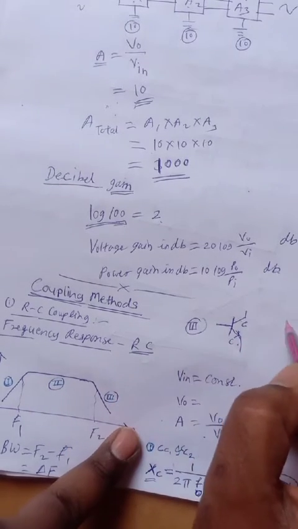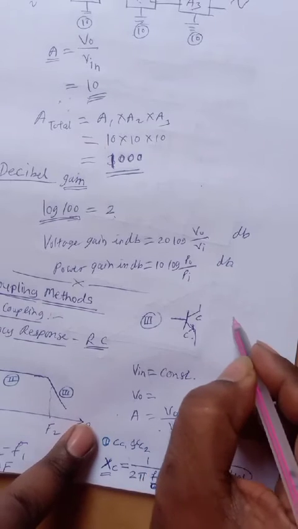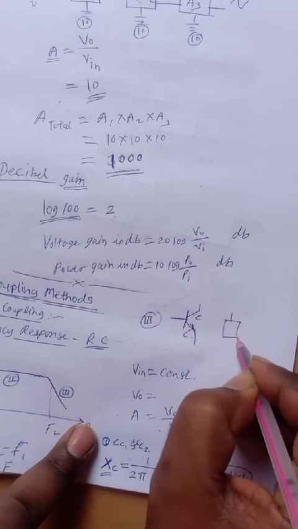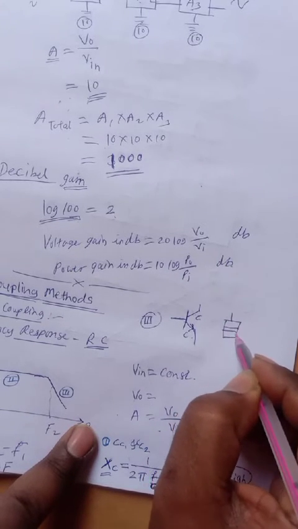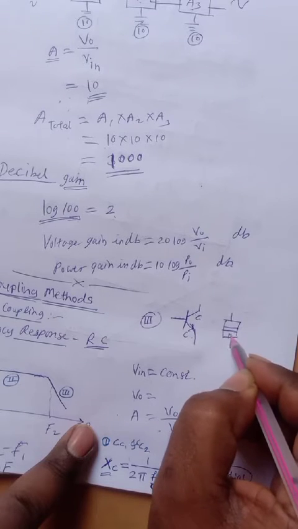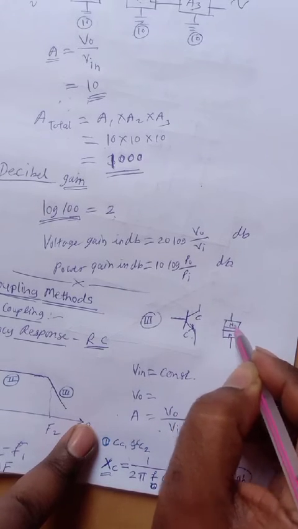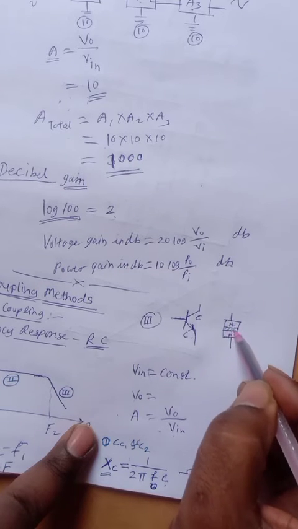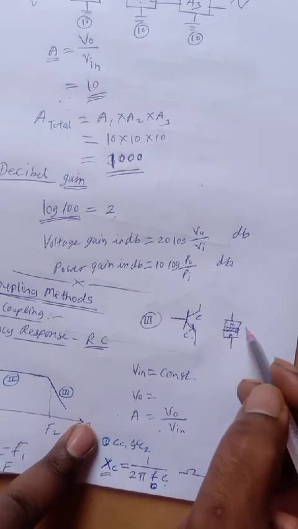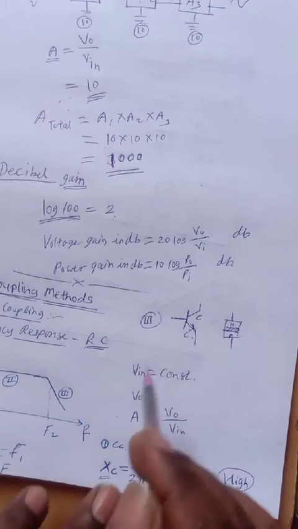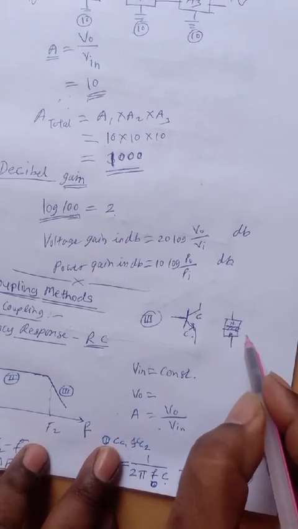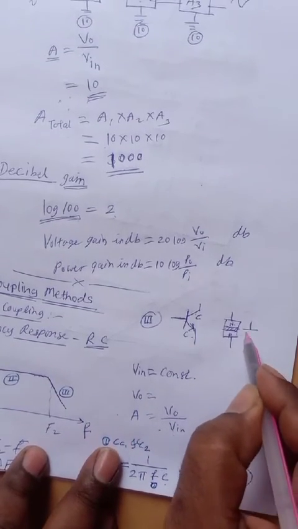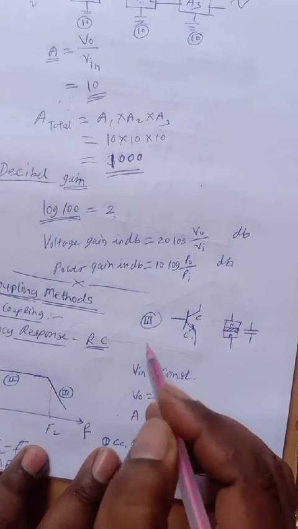We know that in a PN junction there is a depletion layer. This is P and this is N. The N acts like a conducting plate, P acts like another conducting plate, and the depletion layer acts as a dielectric material. So it acts just like a capacitor.